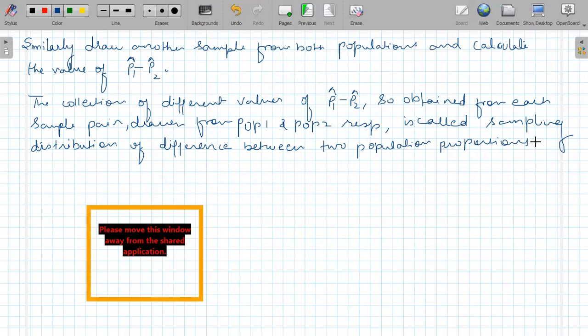ओके, तो ये जो हमें डिफरेंट वैल्यूज मिली हैं किसकी, P1 कैप माइनस P2 कैप की.